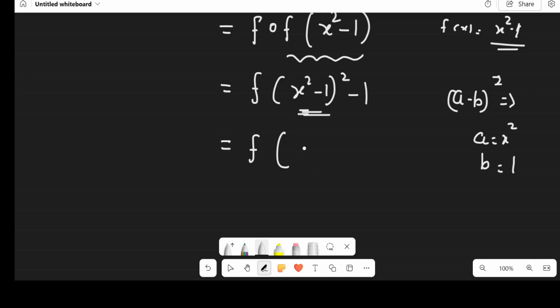A square minus 2ab. What is a square? X power 4 minus 2 into a. What is a? X square. 2ab. B value is 1. Plus b square, 1 square, right? And this minus 1.